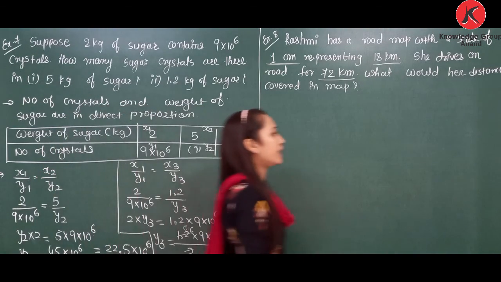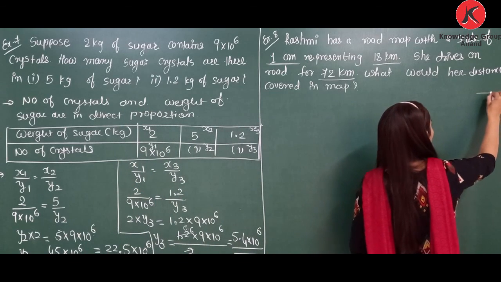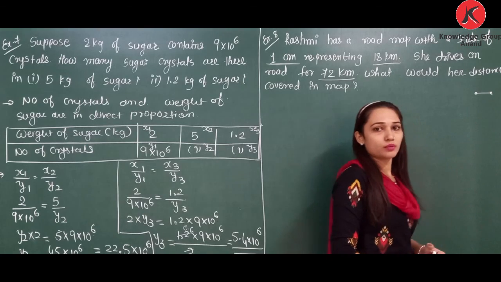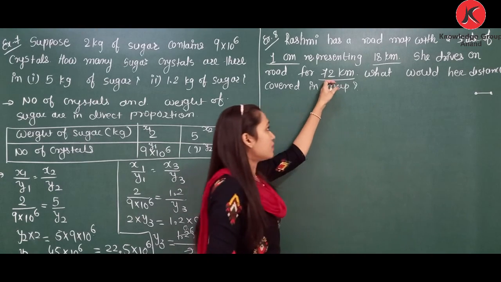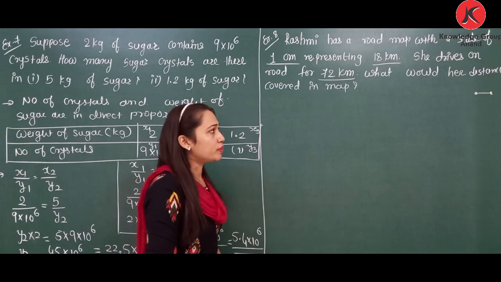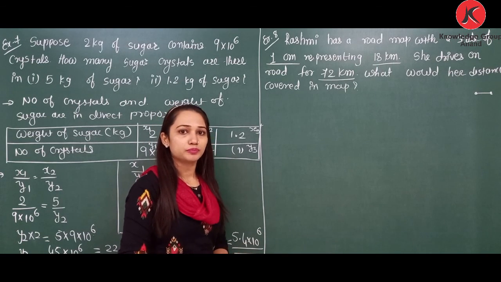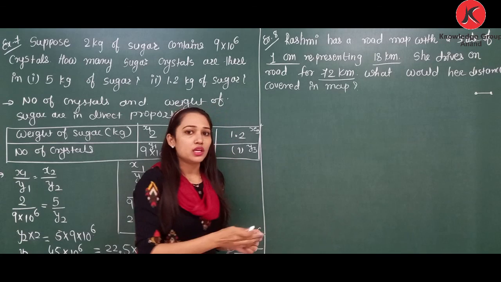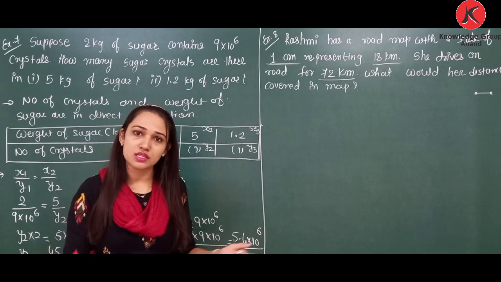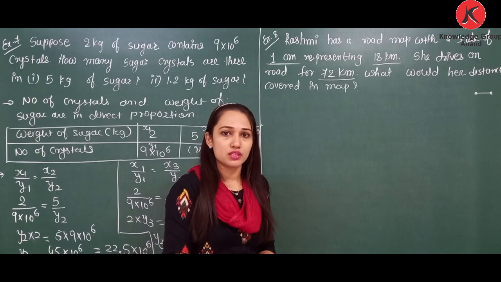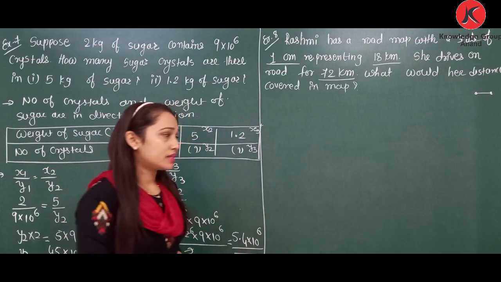It means if we draw a line of 1 cm, then this represents 18 km. So if she drives 72 km, what would be the distance on the map in centimeters? If we increase the centimeters, then the distance will increase, and if we decrease the centimeters, the distance also decreases. So that's why it is in direct proportion.